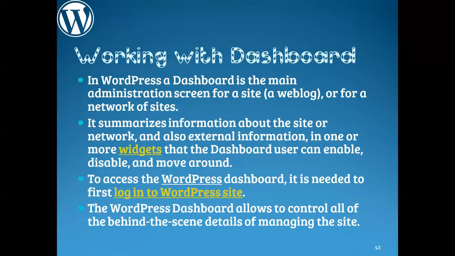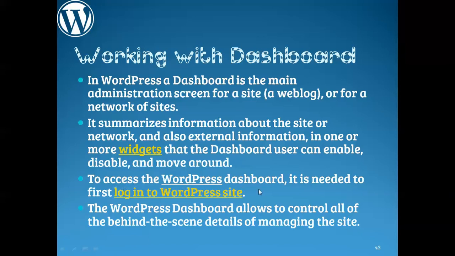Working with the dashboard. The dashboard is the main administration screen of a website or a network of sites. It summarizes information about the site or network, and also external information, in one or more widgets. Dashboard widgets can be enabled, disabled and moved around by the user, as you are going to see.